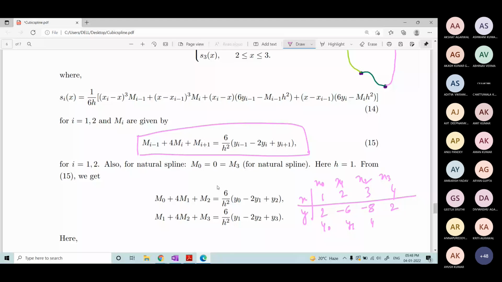So put all those values in this formula, simplify it, you will get this polynomial: minus 0.8x cube minus 8.8x plus 2. So that is the first part of the polynomial in the first subinterval.